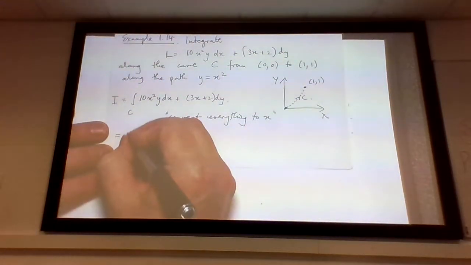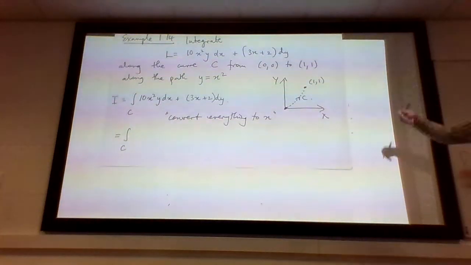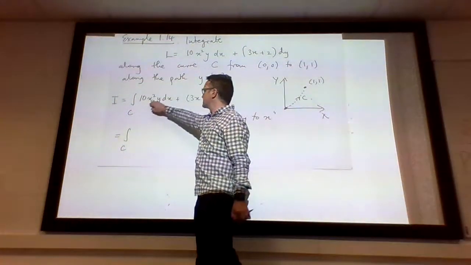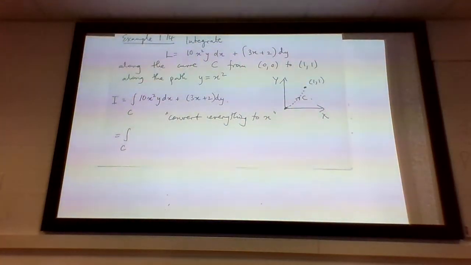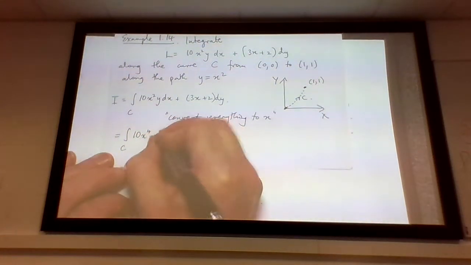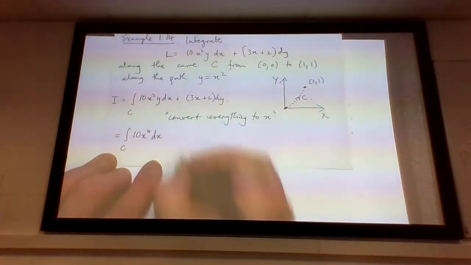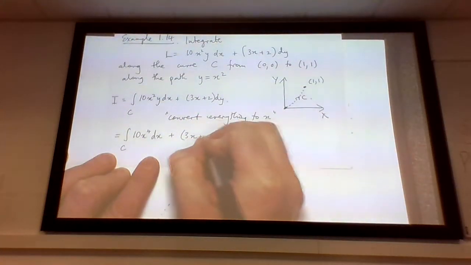So first of all, we can simply substitute for y the quantity x squared. So what we're looking at here is actually 10x to the power 4 dx. And what we're looking at here is still 3x plus 2.